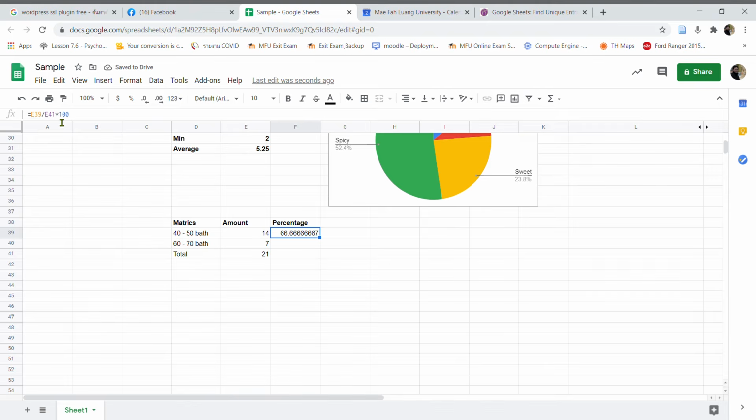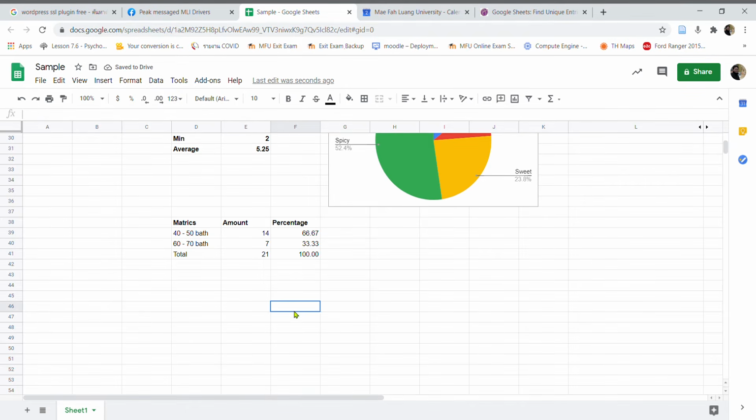Again here I don't want the total to change, so I put the dollar sign there, so it's not going to change when I drag it. And now I want only 2 digits, so I reduce this. Now I can drag it down.